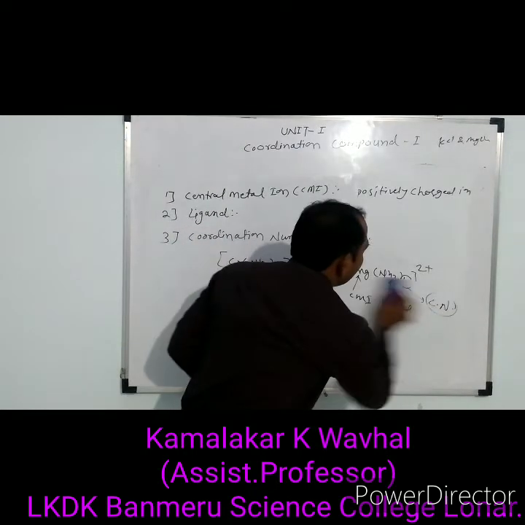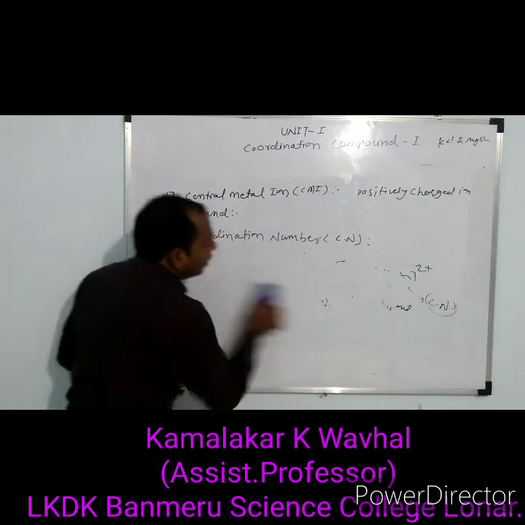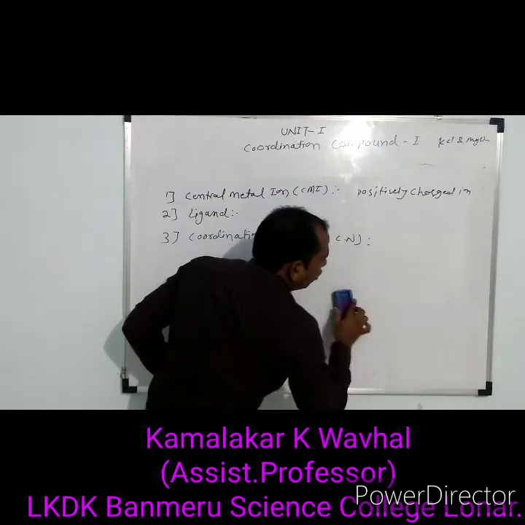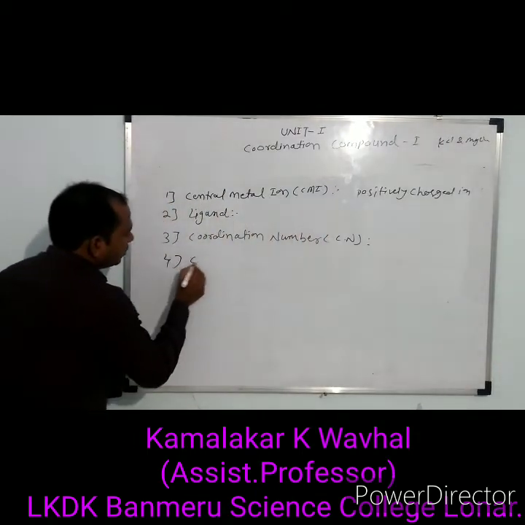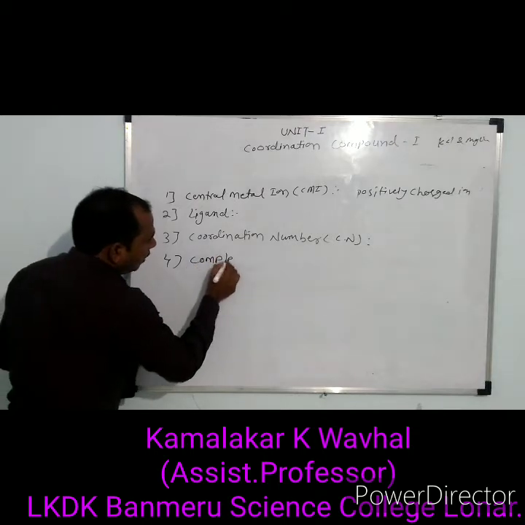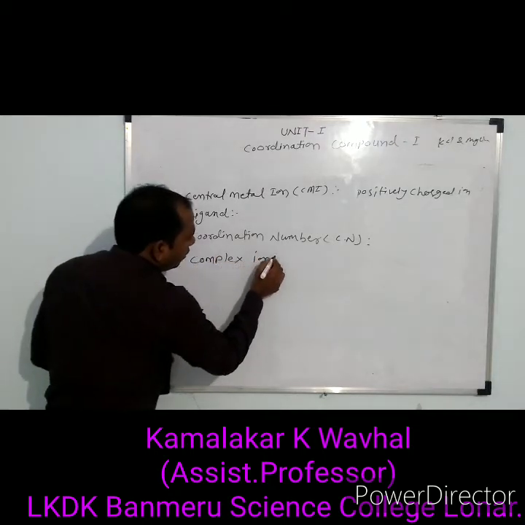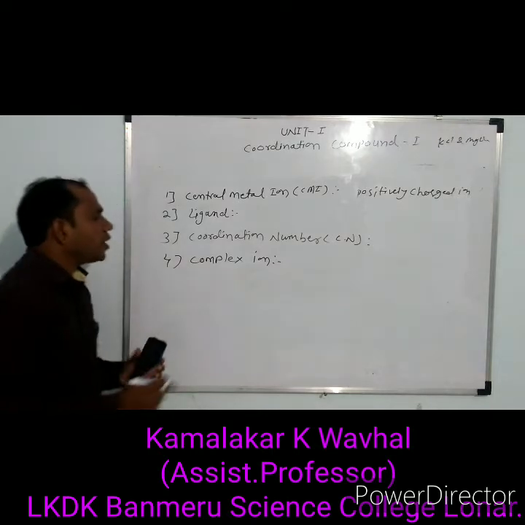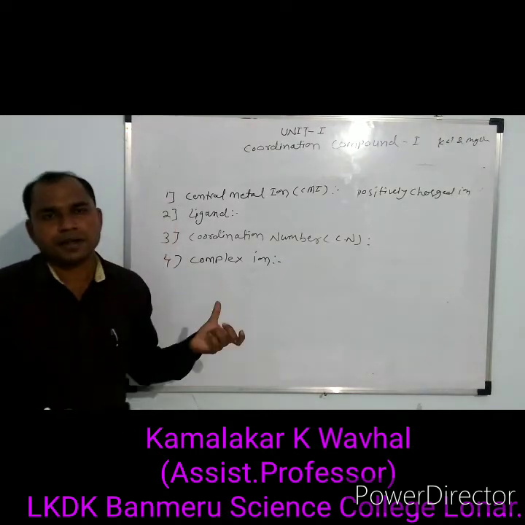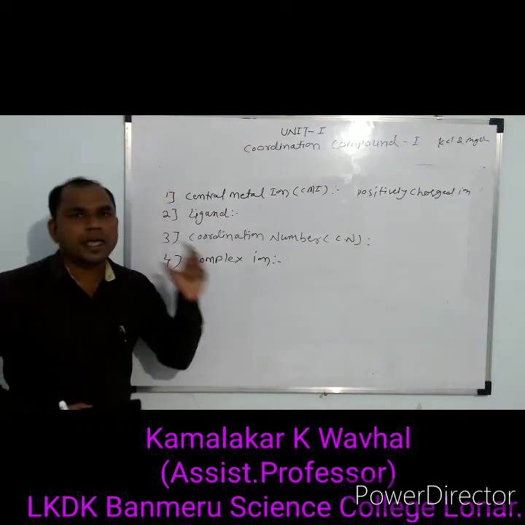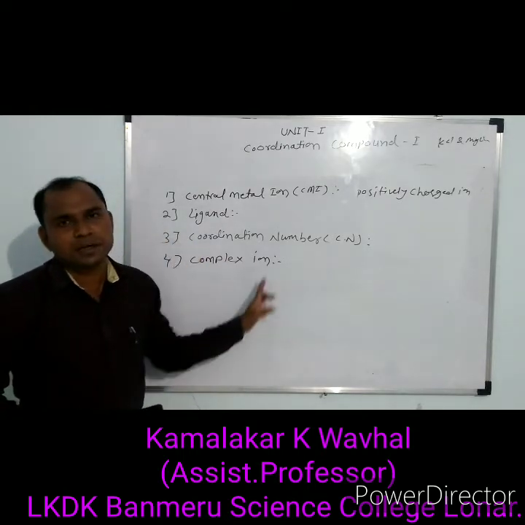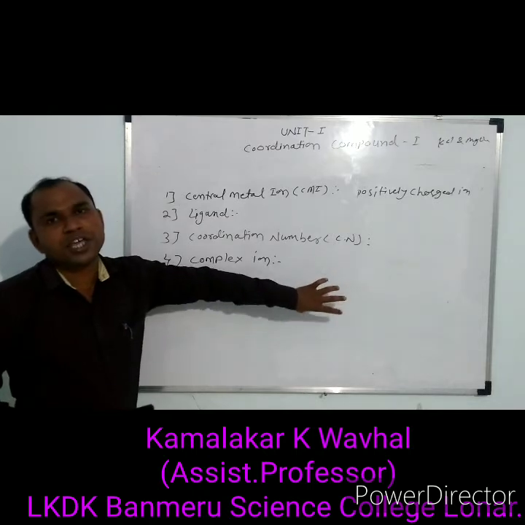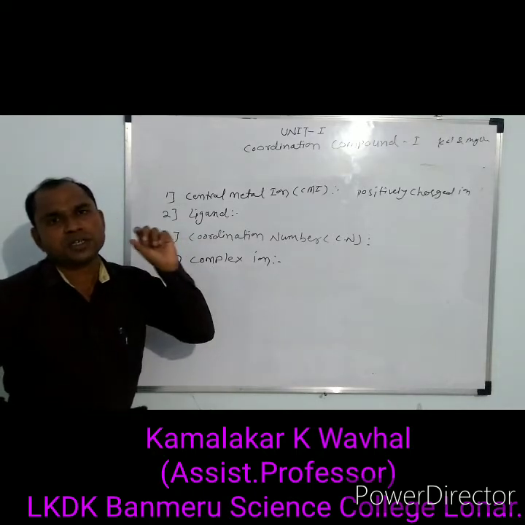Then the next term is the complex ion. What is a complex ion? A complex ion is an electrically charged radical containing the central metal atom and two or more ligands in a coordination compound.